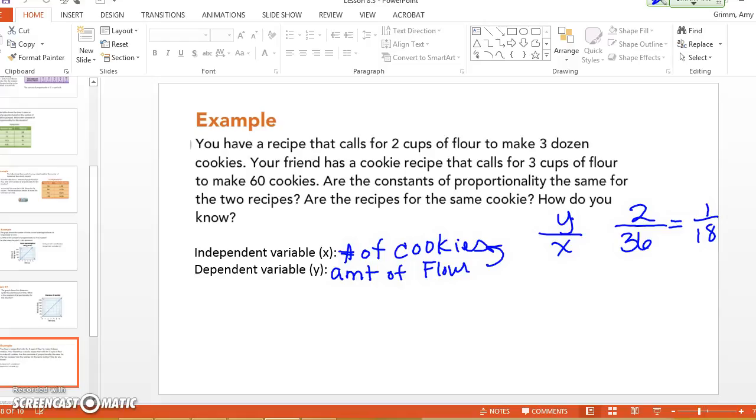Now let's do the second one. The second one is 3 cups of flour for 60 cookies. So what is that? 1/20. So are these recipes for the same cookie? No. They're different cookies because they call for different amounts of flour.